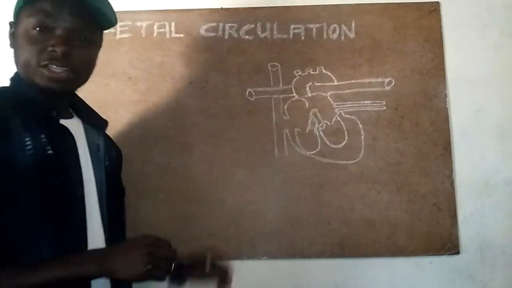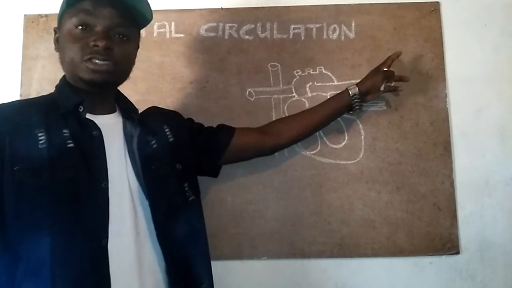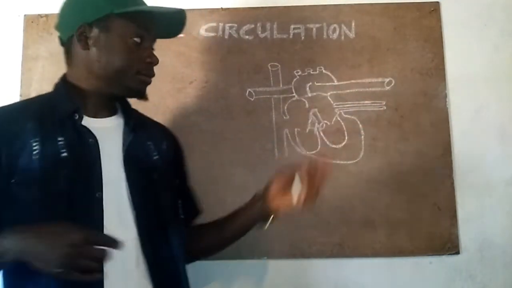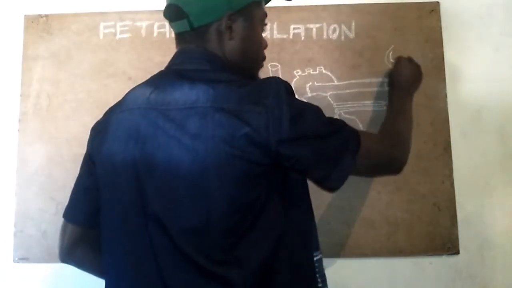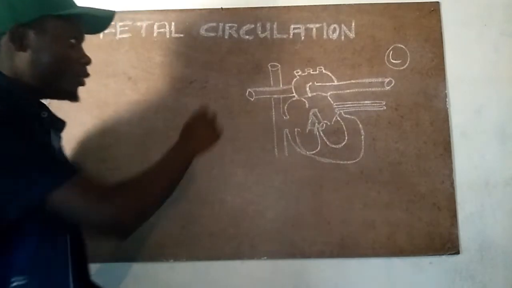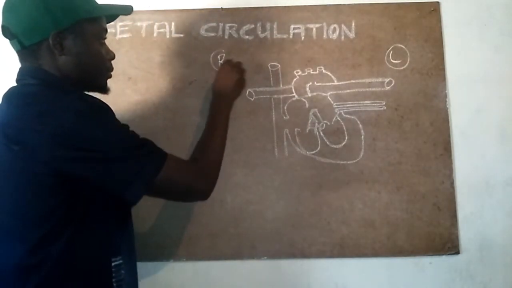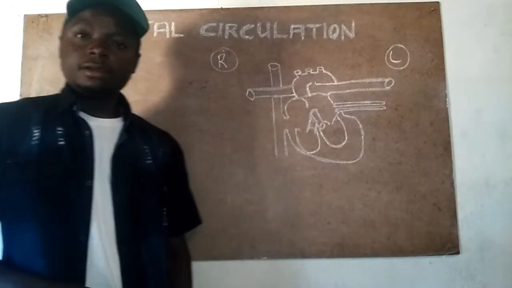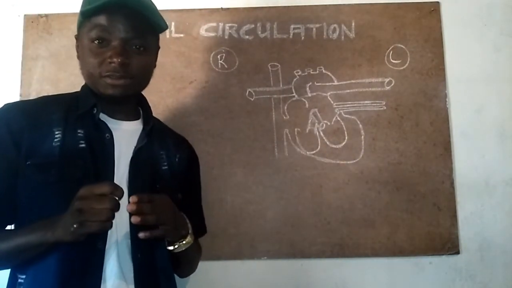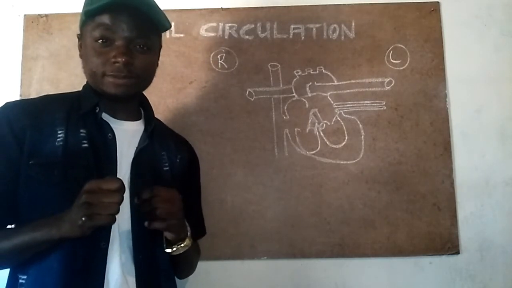So I've just sketched the heart, and this is my left ventricle. So this is my left side of the heart. And since I'm standing like this, this will be my right side. This is specifically the heart for the fetus while it's still in the uterus.